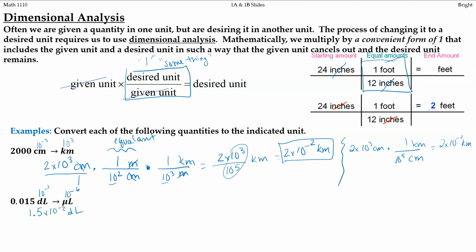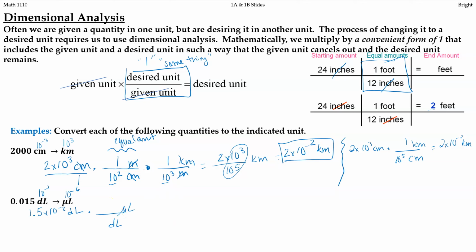Now, maybe you're the type of person that needs to go to the base. So maybe you need to do deciliters to liters, and then liters to microliters, and then all that would cancel. But I'm going to say, well, I'm feeling pretty good today. I can go straight from deciliters to microliters.